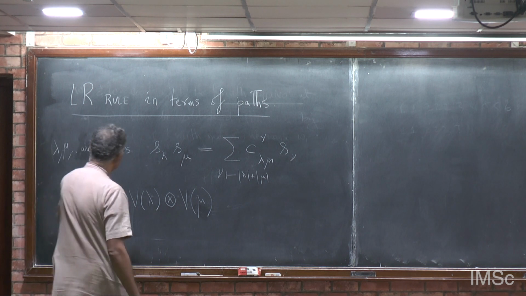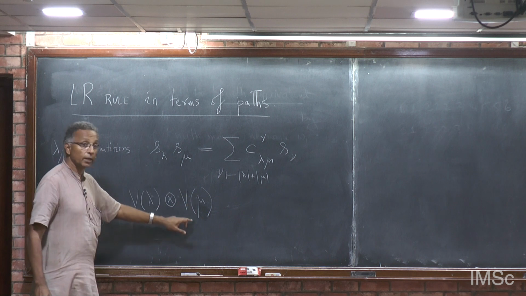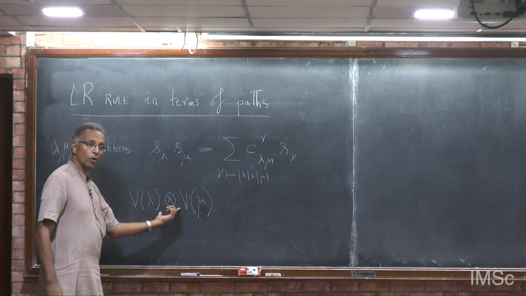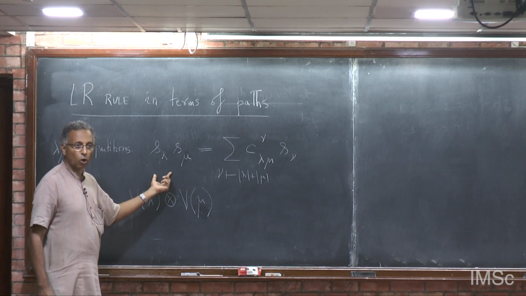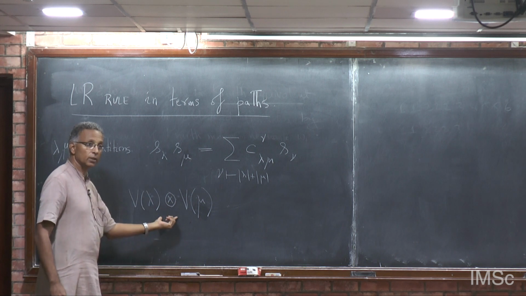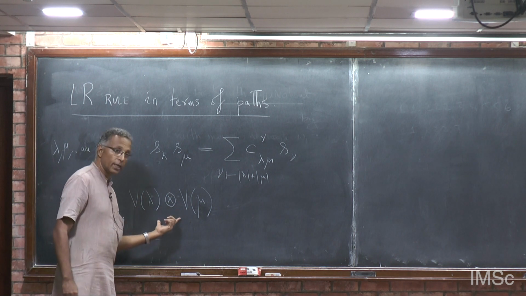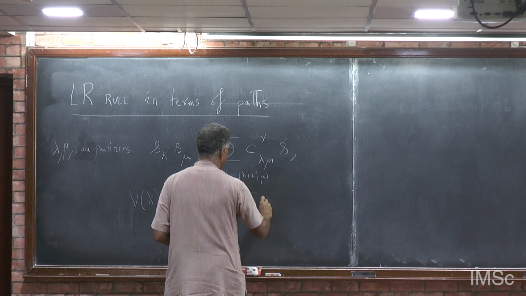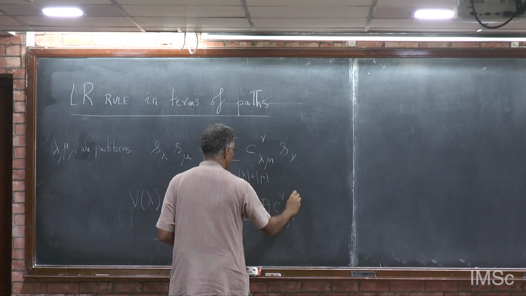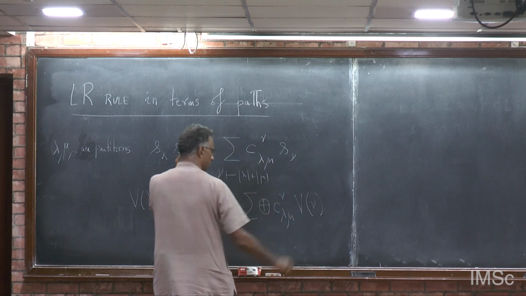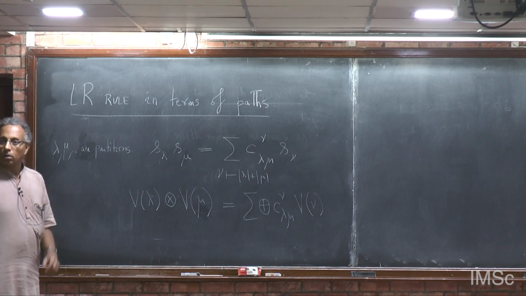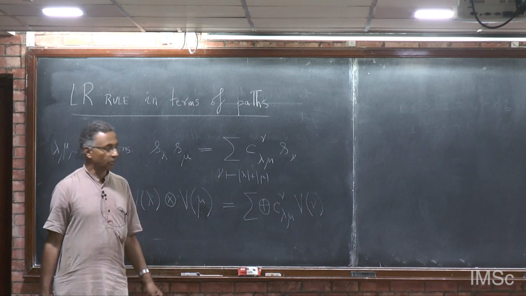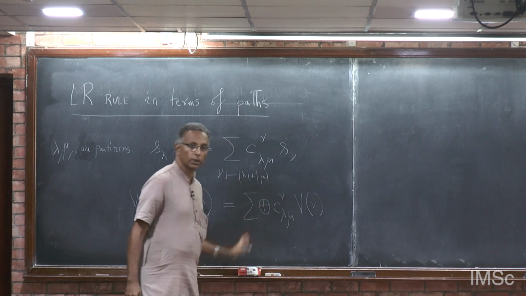And it's easy to see that the character of a tensor product is the product of the characters. So this is the character of this. And by the semi-simplicity of my category, this is a direct sum of C lambda mu nu copies of V nu, where these are the multiplicities. I am just denoting it like this.